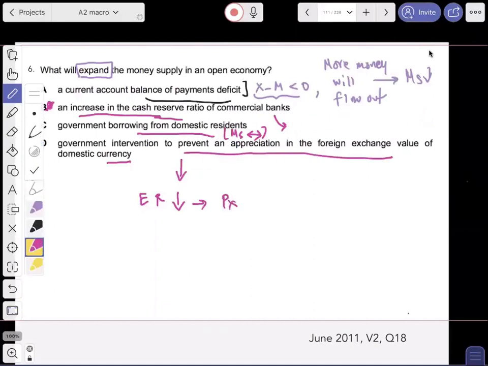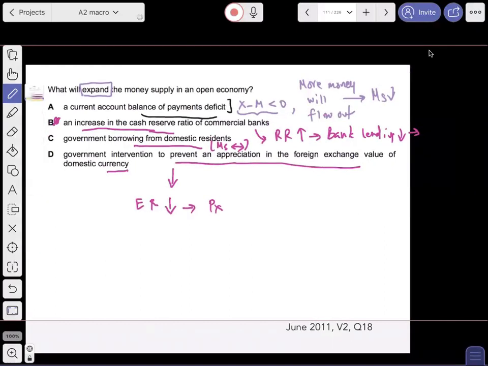Because when the reserve ratio goes up, bank lending goes down, and when bank lending goes down, your money supply should go down. Yeah, you're right. So B can't be the right answer. Does that make sense? Why B is wrong? I'm so sorry, guys.